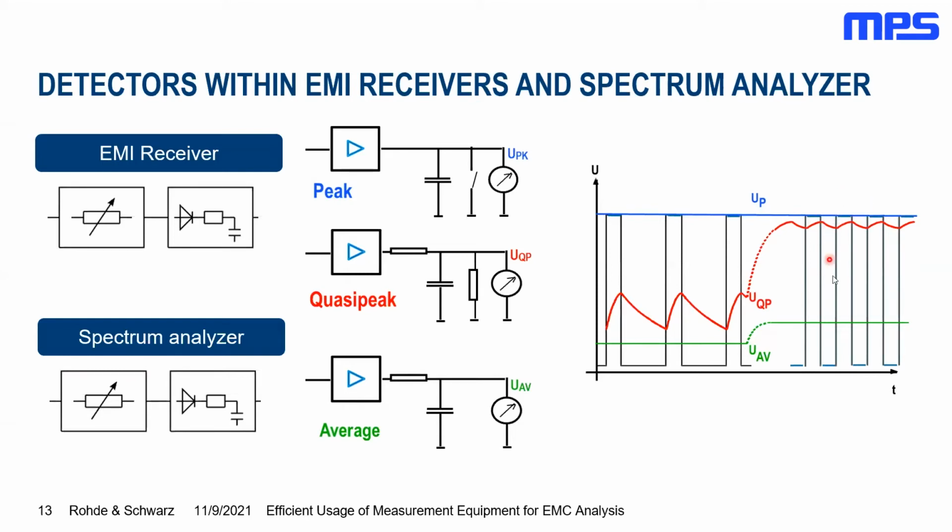So we have a direct indication if this is more or less a short term, meaning if we have a high repetition rate, like in this example on the right, or if we have a low repetition rate, that's the example on the left. And therefore, it's quite good to know that the peak will always be the maximum and the average will always be smaller or equal to the quasi-peak. And the quasi-peak will wander up or down in respect to the repetition rate of the pulses occurring at the input of the receiver.